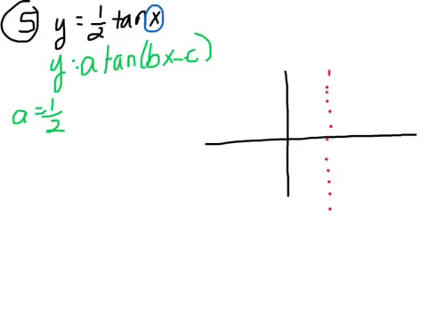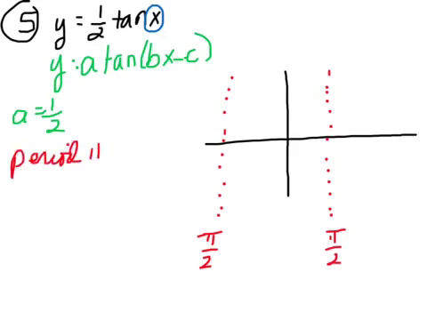The asymptotes are at pi halves and at negative pi halves, if we're just looking at one cycle. So the period here is pi. It's different. Cosine and sine have a period of 2 pi, but tangent has a period of pi.